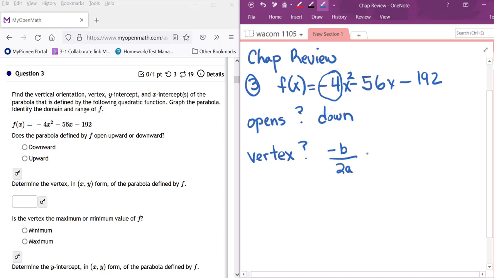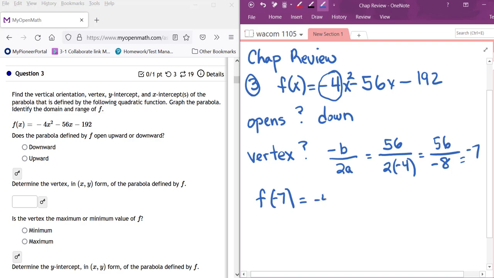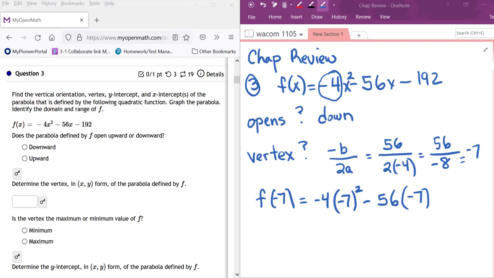So negative b would be 56 over 2 times negative 4, so 56 over negative 8 will give us negative 7. And then we want to do f of negative 7 to get the y-coordinate. So we have negative 4 times negative 7 squared minus 56 times negative 7 minus 192.